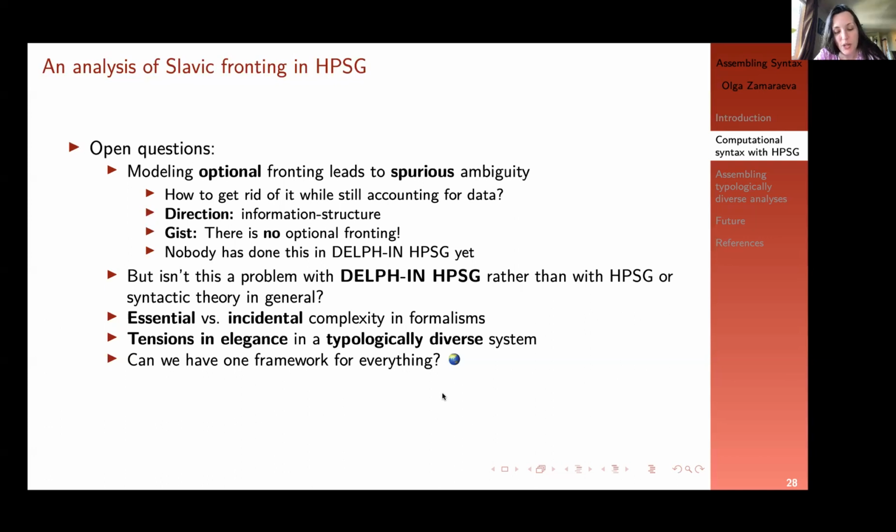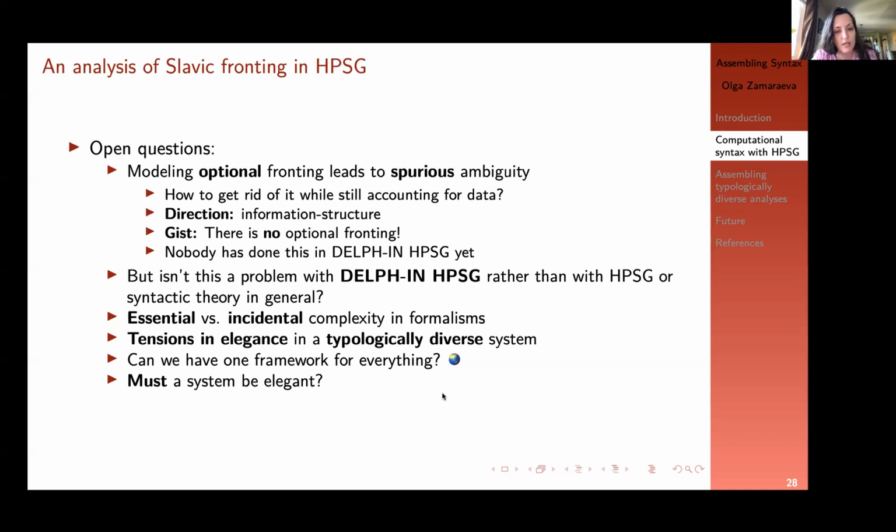And as for that question, that has, of course, to do with this really big question of whether we even want to be able to put all analyses for all languages into one framework, and to what degree must a system be elegant, and what is more important, the elegance or the coverage of a particular system.